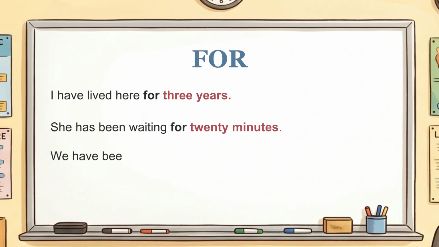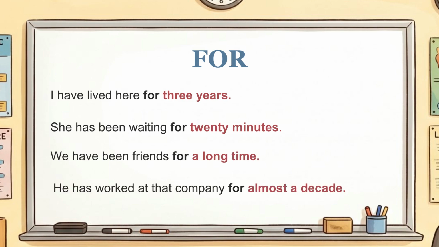We have been friends for a long time. He has worked at that company for almost a decade. Look at what comes after for in each sentence. 3 years, 20 minutes, a long time, almost a decade. These are all measurements. They tell you how much time has passed.